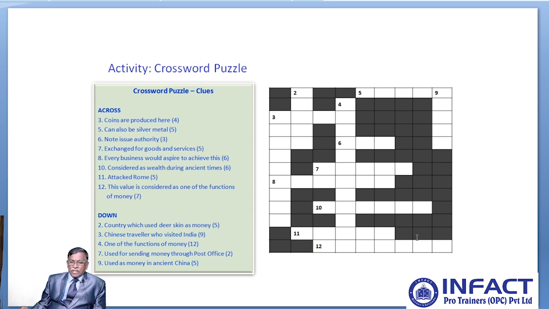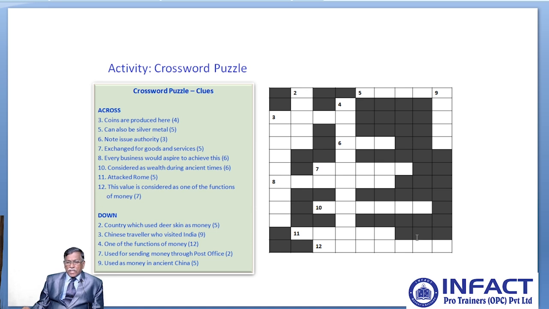Number 7, it is exchange for goods and services. Number 8, every business would aspire to achieve this. Number 10, considered as wealth during ancient times. Number 11, attacked Rome. Number 12, this value is considered as one of the functions of money. These are all across. So you just try to find out what they are.